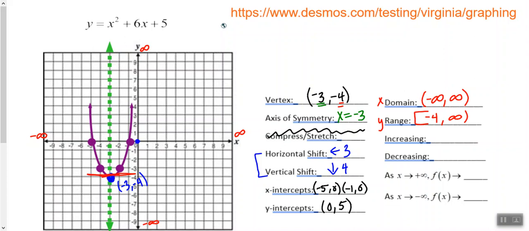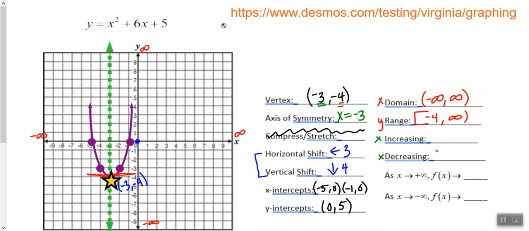Increasing and decreasing. I know this one is tough. So again, I'm going to get my star out. And we can go through this. Remember, increasing and decreasing, we only care about the X values. So we're only going to be looking along the X-axis. If I start all the way on the left, which is -infinity, because that arrow is going to keep going to the left, then from -infinity to my vertex, I decreased.